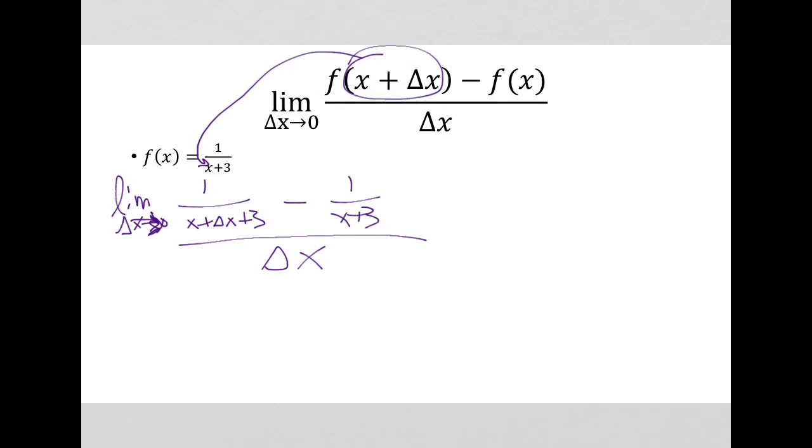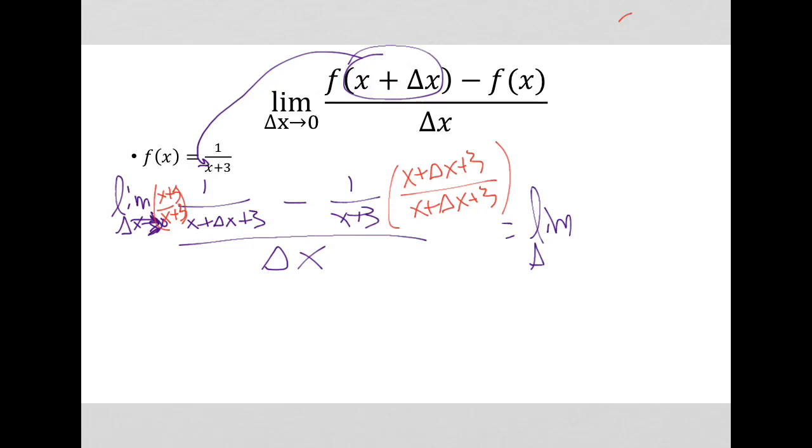So again, this should look pretty familiar. And remember our technique for handling a problem like this. We're going to multiply each by the denominator of the other, so x plus delta x plus 3 over x plus delta x plus 3. This guy over here, we're going to multiply by x plus 3 over x plus 3. Boom. So let's simplify it and see what we get.